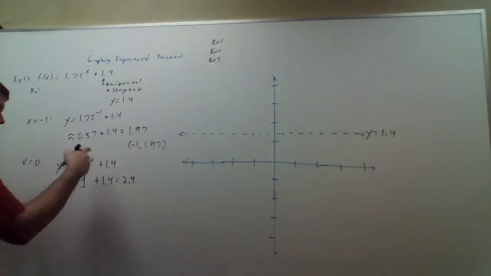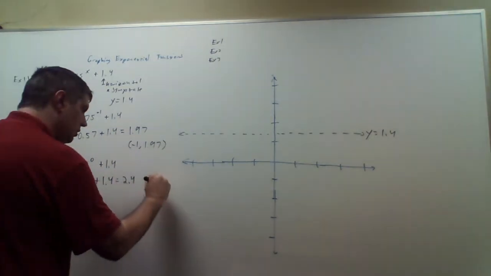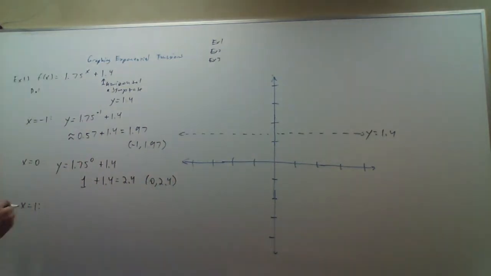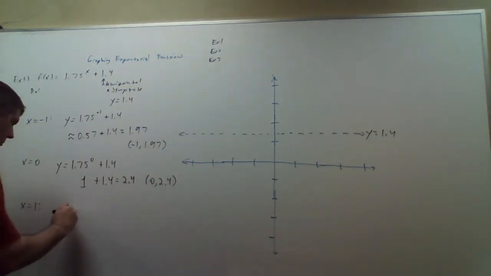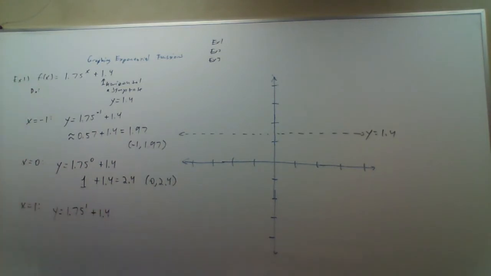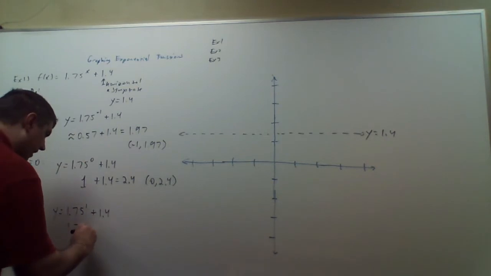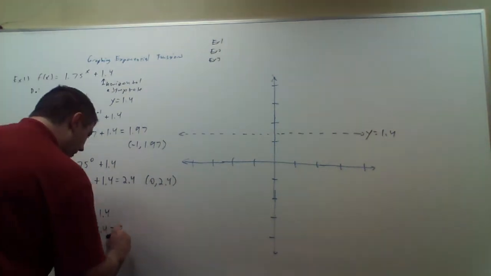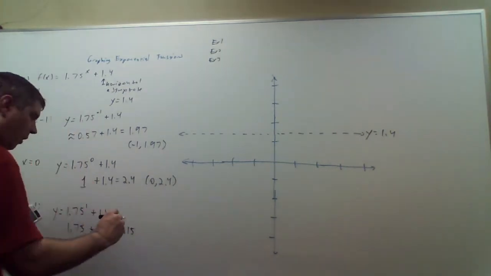So 0, 2.4. The third one: y equals 1.75 to the first plus 1.4. Anything to the first power is itself. So 1.75 plus 1.4 is 3.15.